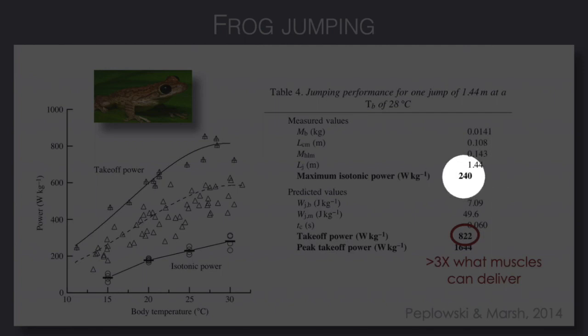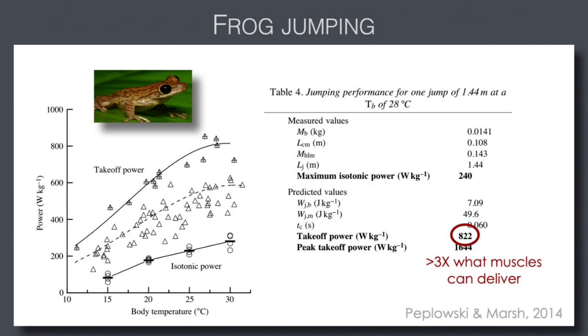We've got this value of 240. Well, that's about a third of what's required to actually take off. So how is it possible that they're actually taking off? That's what this study is concerned with. So what's the answer?